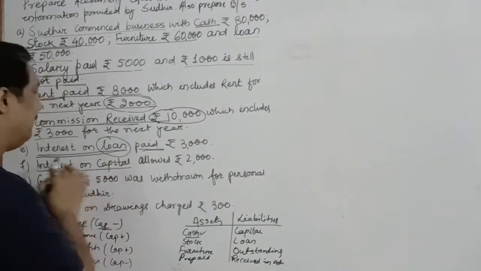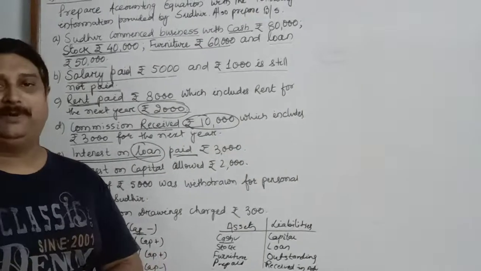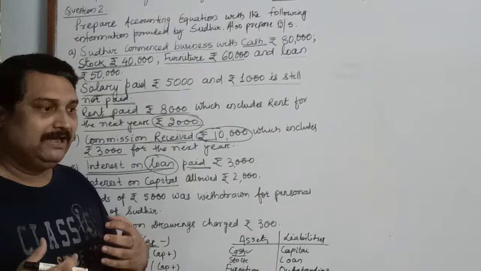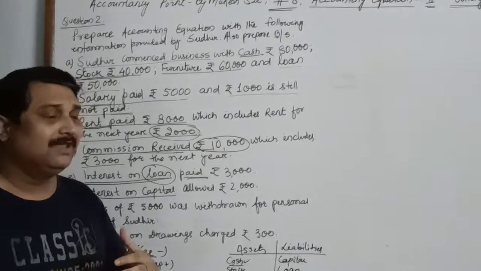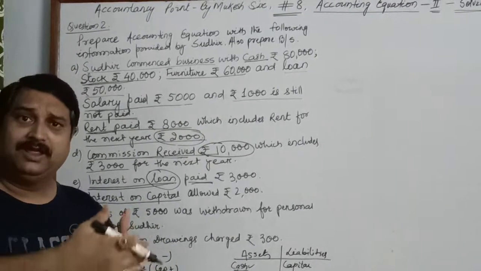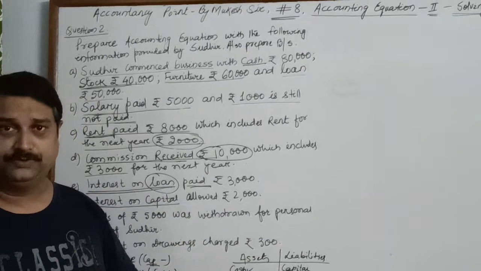Now interest on capital. Children, when it comes to interest on capital, the owner neither takes anything in cash nor gives to the firm in cash. He asks everything to get adjusted through his capital account.